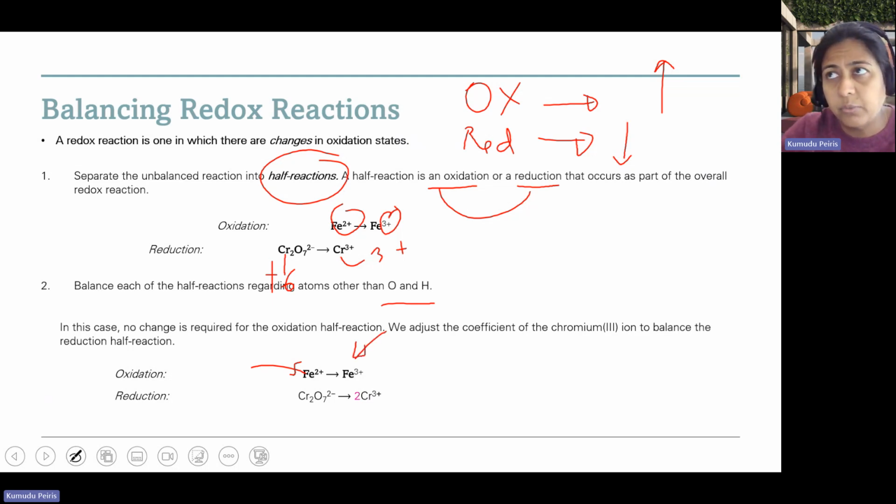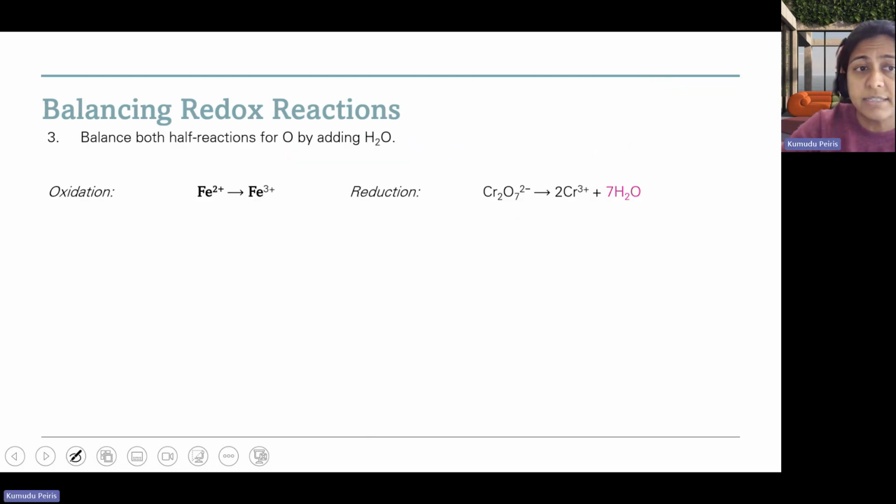But in the reduction half reaction, on the reactant side, we have 2 chromiums. Therefore, you have to add the coefficient of 2 in front of the product chromium 3+.